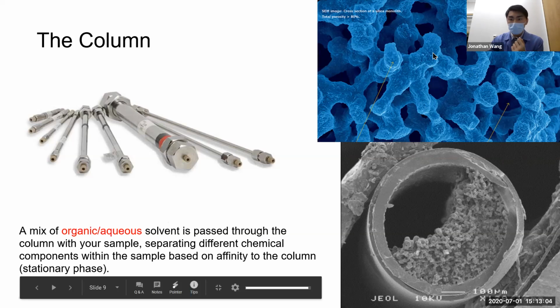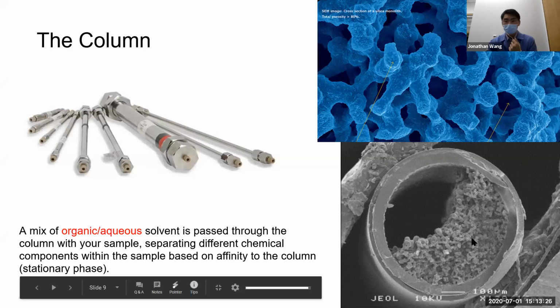And the silica itself actually has a roughness which will depend on the manufacturer as well as what application you want. If you want it to be high binding or different chemical reactivities. This here is a slice of actually cutting the column in half, and you can see the bead in there packed tightly.